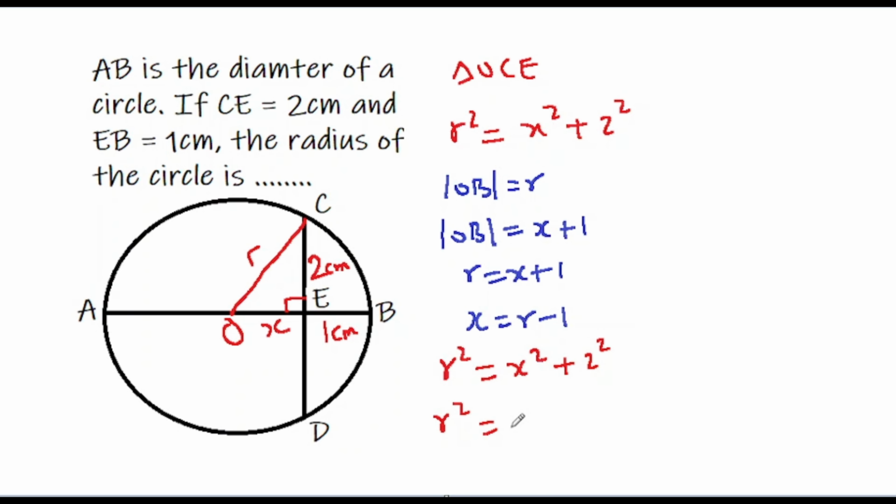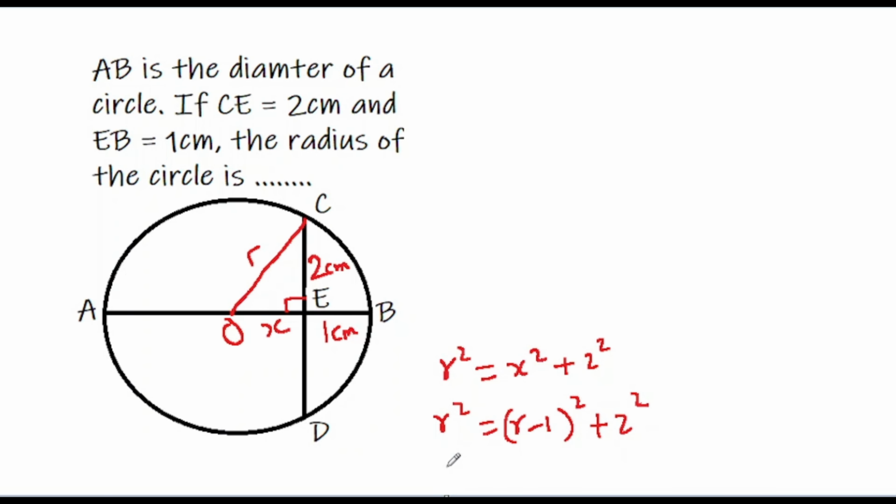So what's our x now? That's r minus 1, everything squared, plus 2 squared. So let's expand this. This is going to be r squared minus 2r plus 1, plus 2 squared, which is actually 4.